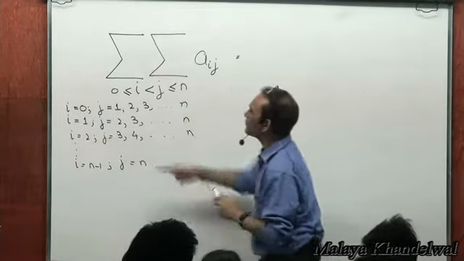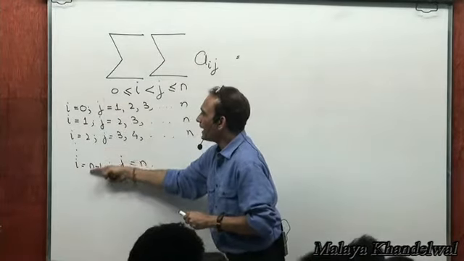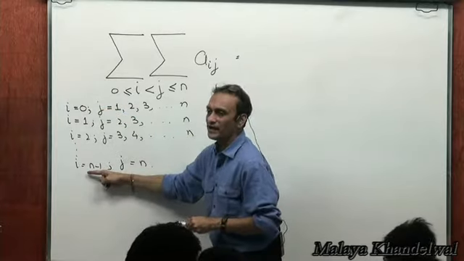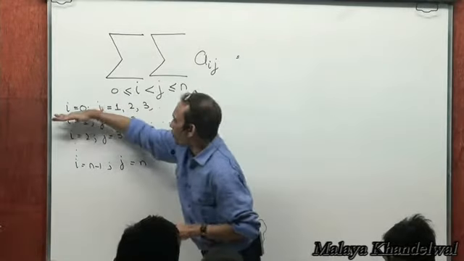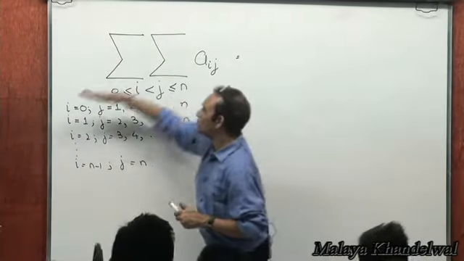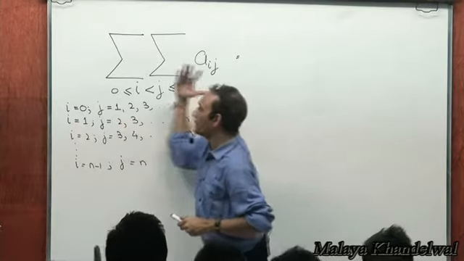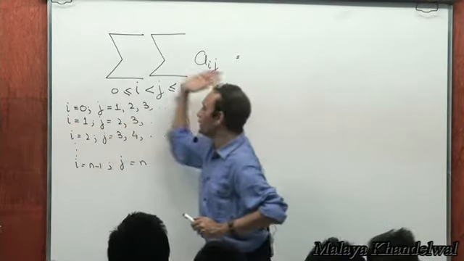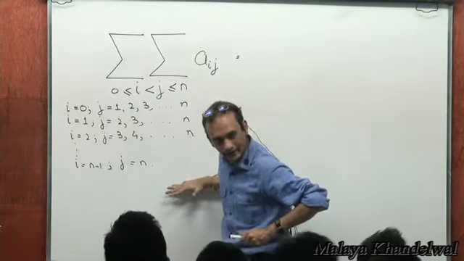So I can think of n rows: summation i equal to 0 to n minus 1 is n rows. A row dedicated to i equal to 0, then a row dedicated to i equal to 1, then a row dedicated to i equal to 2, and then a row dedicated to i equal to n minus 1.